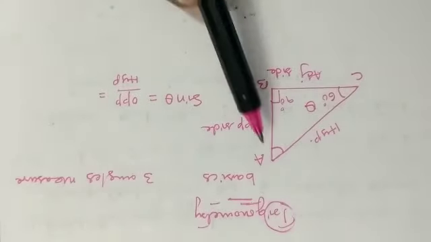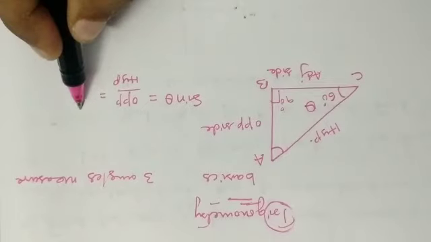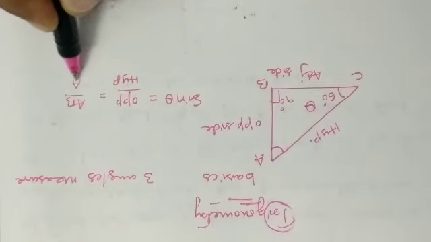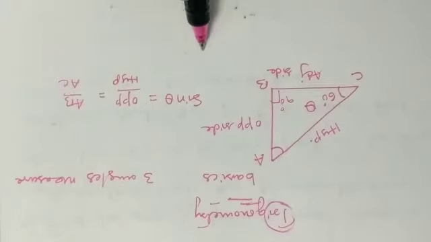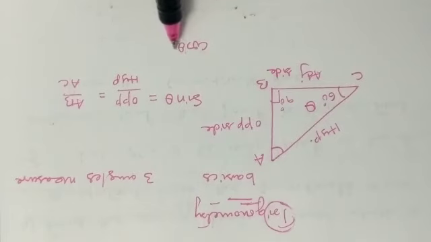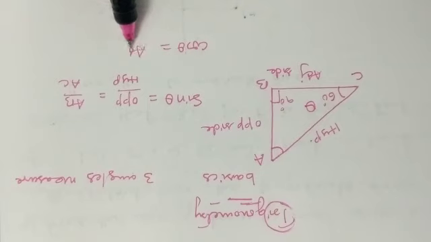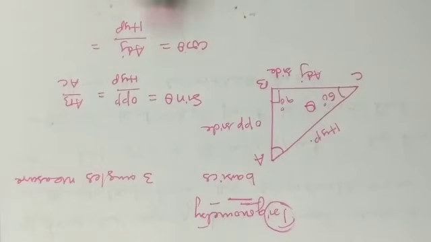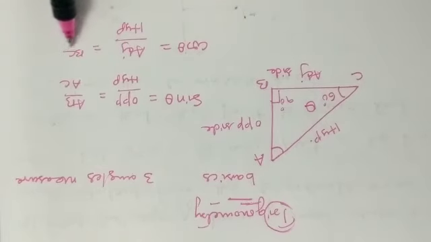AB by AC. Cos theta equals adjacent side by hypotenuse. What is the adjacent side? BC is the adjacent side, and the hypotenuse is AC.